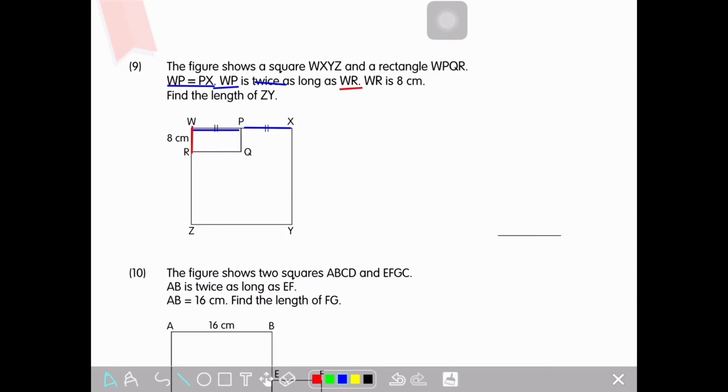So what is the length of WP? It is twice of WR. WR is 8 cm. And what is twice of 8 cm? 8 times 2.